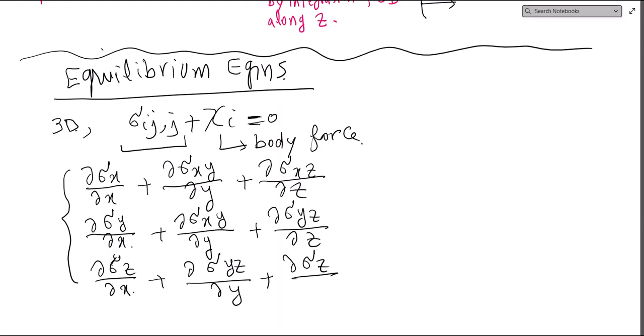And then here we take chi equal to 0, just for simplicity, without losing any generality.